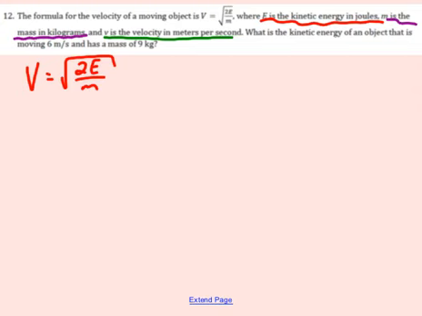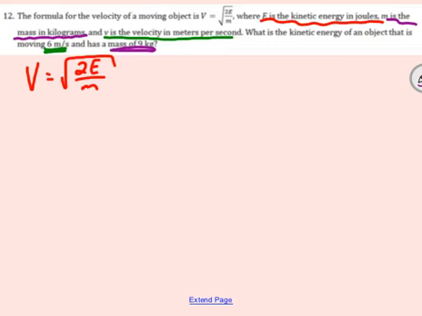What is the kinetic energy of an object that is moving 6 meters per second, so that's a velocity, and has a mass of 9 kilograms?